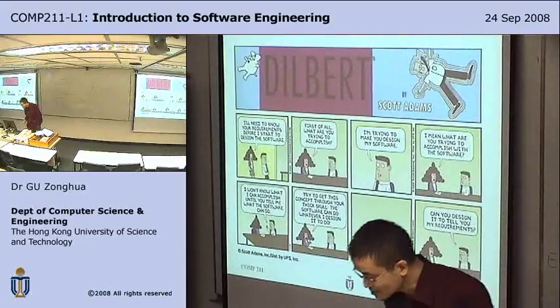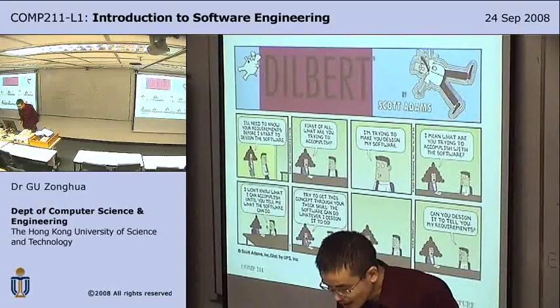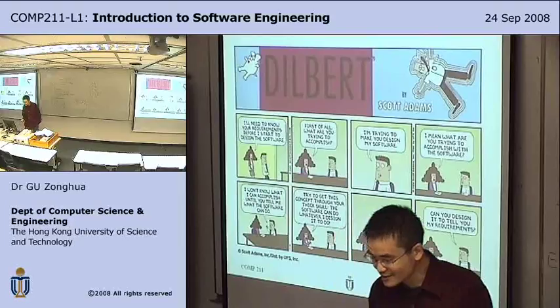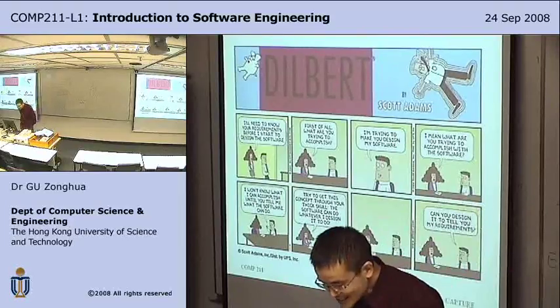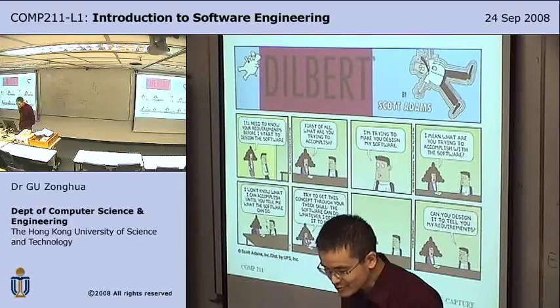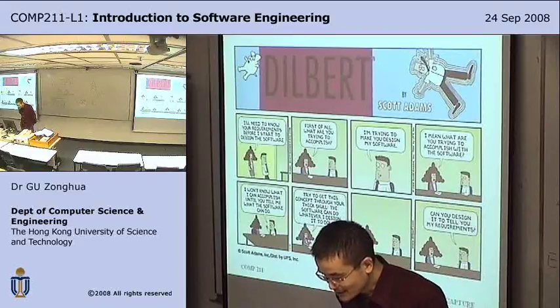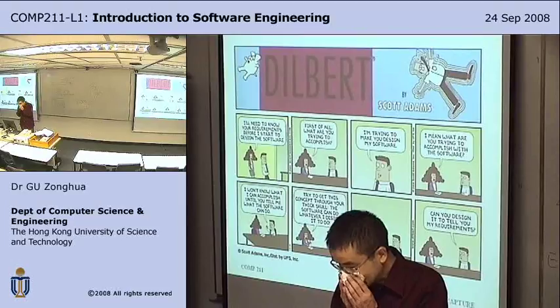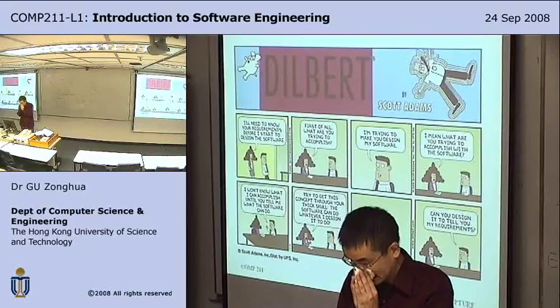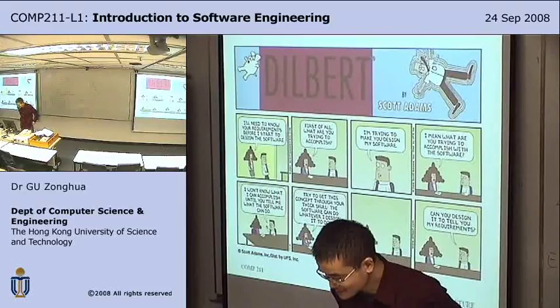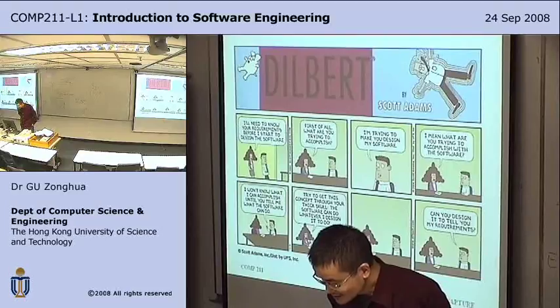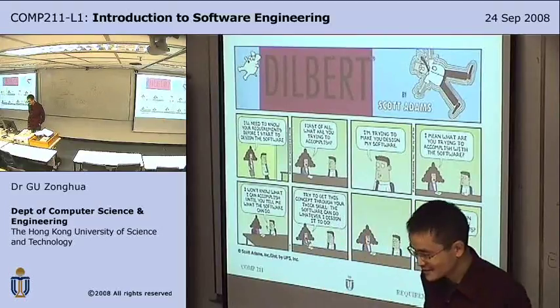So here's another cartoon. Alice is another software engineer. Alice says to the user, I will need to know your requirements before I start to design the software. And I'll let you read it yourself. So another clueless user, essentially.